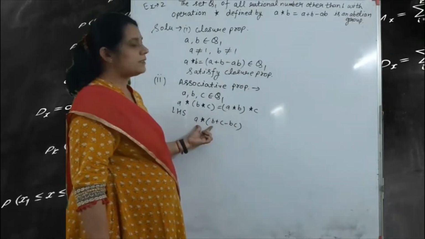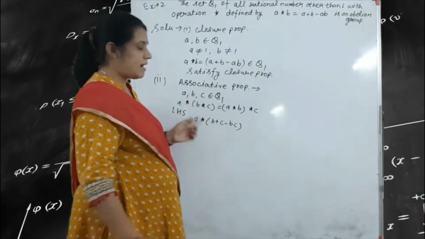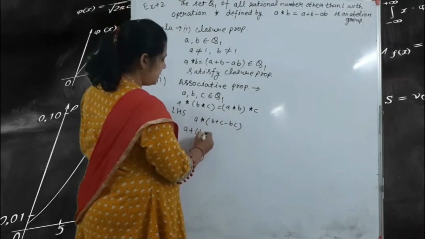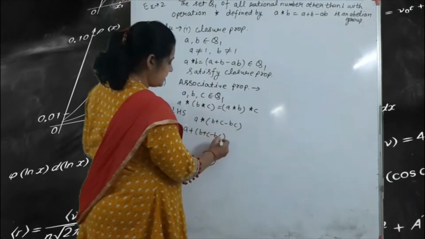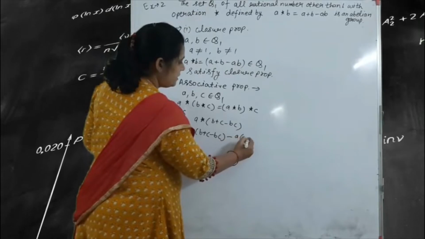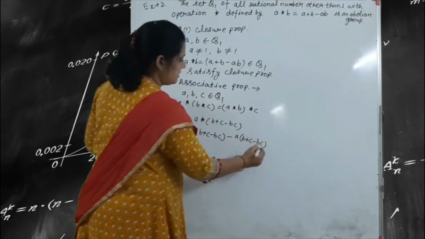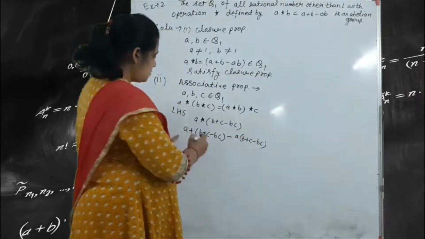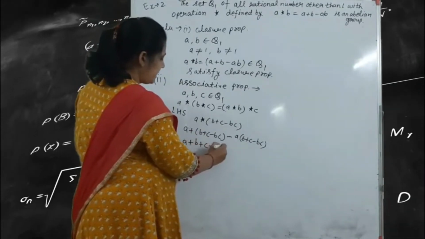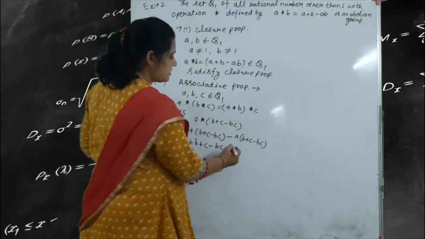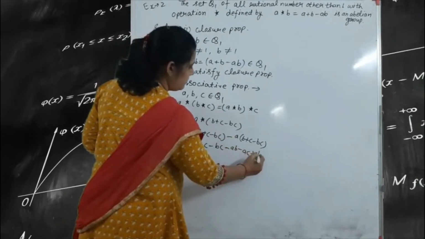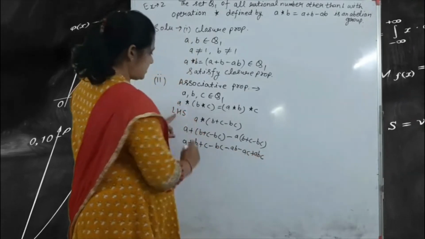A star B again is A plus B minus AB, so we get A plus B minus AB plus C minus (A plus B minus AB) times C. Opening this term, this is your LHS: A plus B plus C minus AB minus AC minus BC plus ABC.